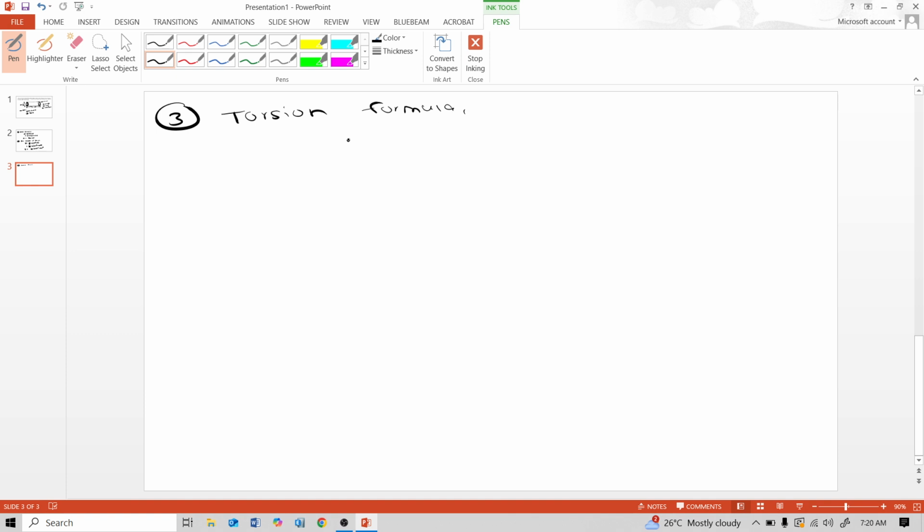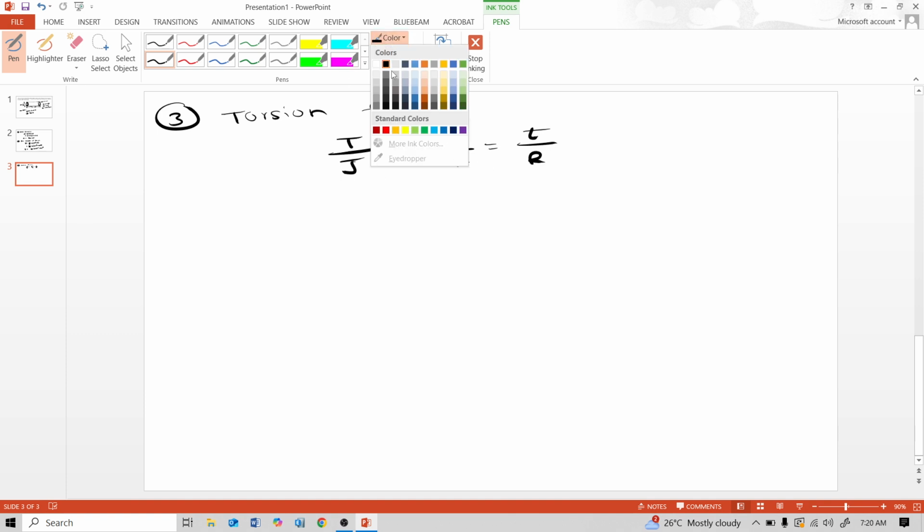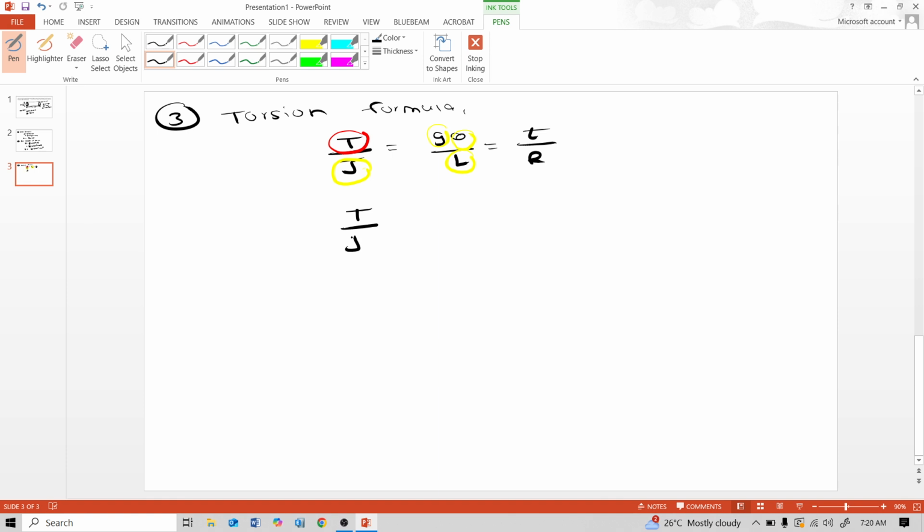The torsion formula is T by J is equal to G theta by L is equal to tau by R. We have this J, we have this G, we have theta and we have L. So use the first two equations: T by J is equal to G theta by L, and T is equal to G theta by L multiplied by J.